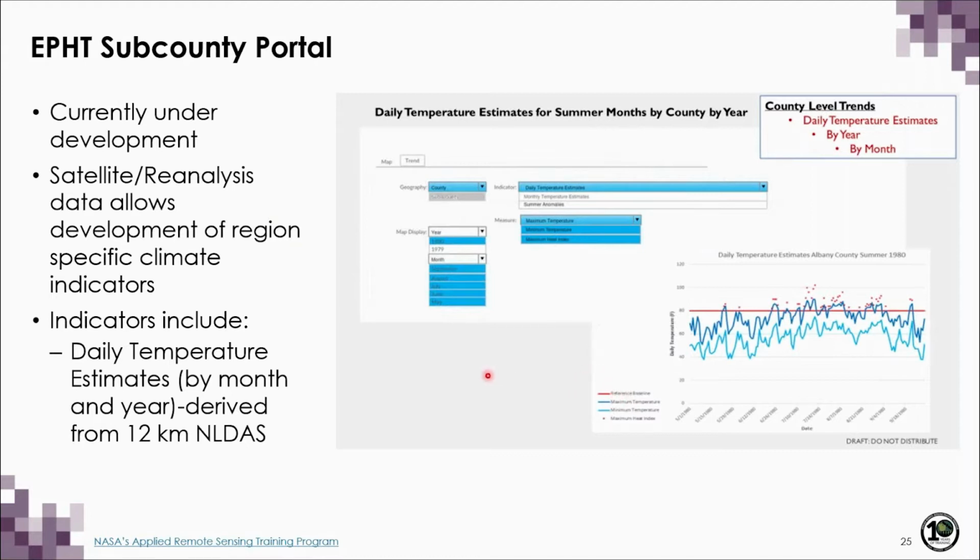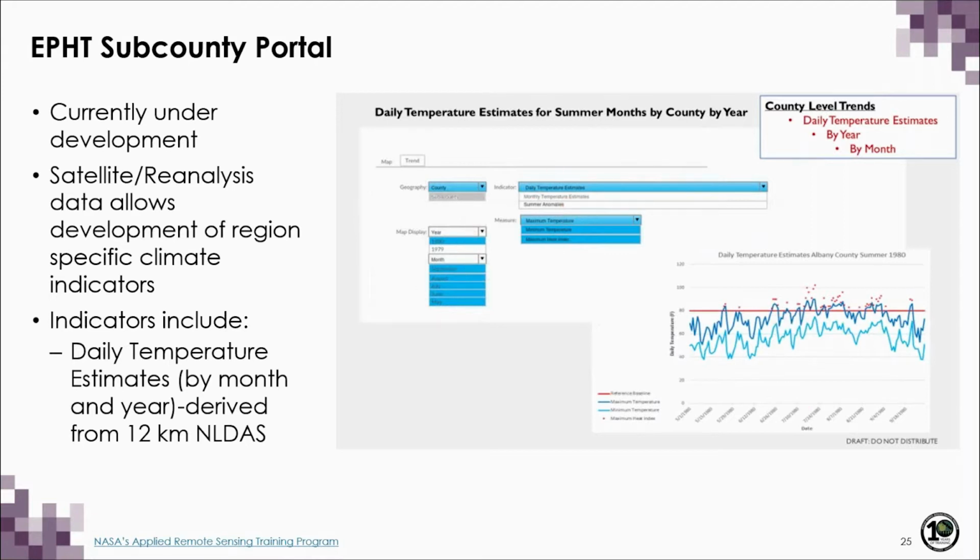So currently our portal only displays county level data. However, we've been funded by CDC to continue development of a sub-county portal that will allow us to provide our local health departments with tools that they can use for their own assessment of climate effects on their jurisdictions. So for example, this chart shows daily maximum, minimum, and average temperatures and the maximum heat index for one county in one year and month.